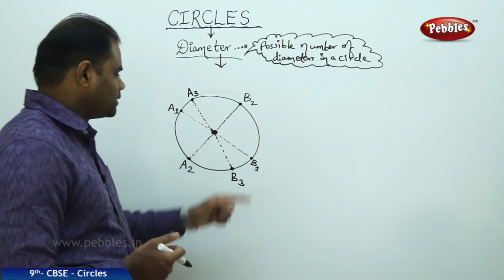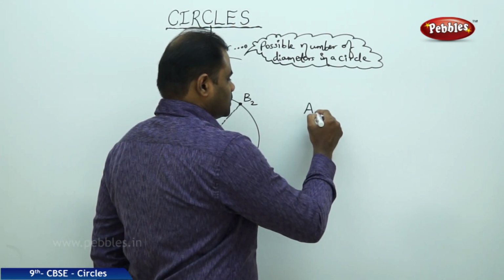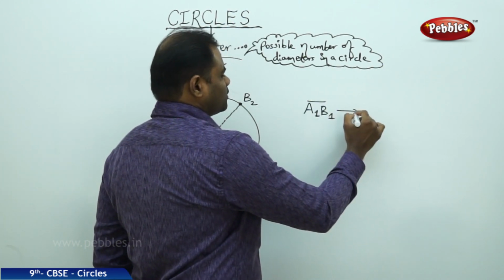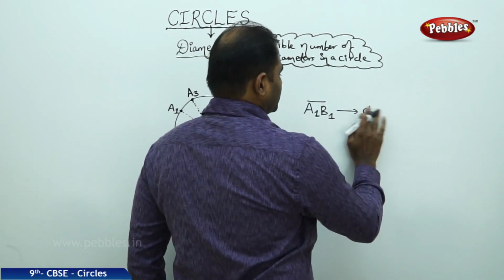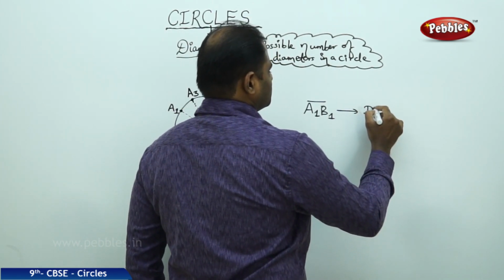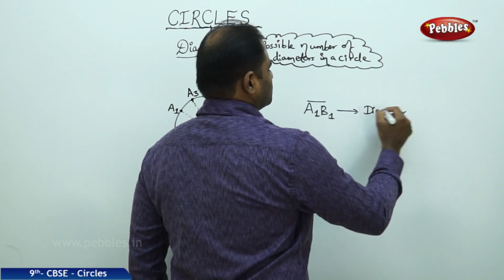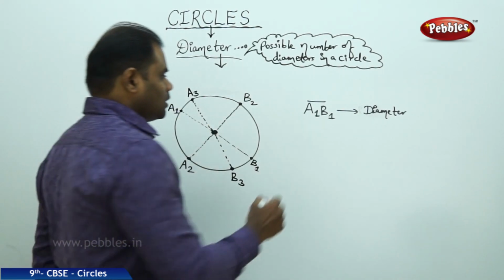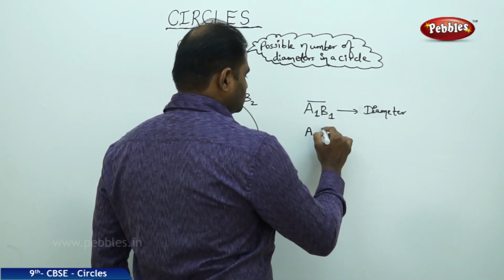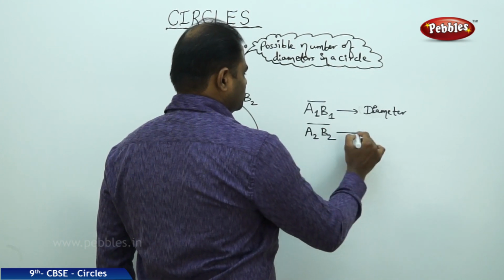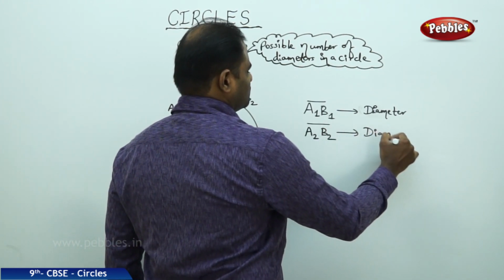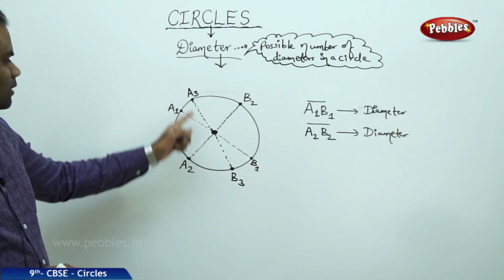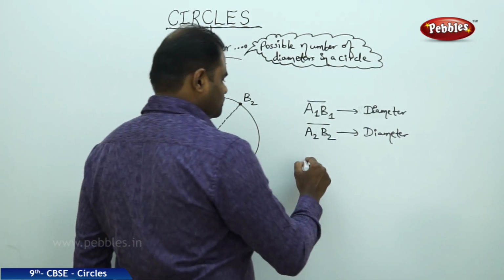Therefore, initially I take A1, B1, which is a chord, a special chord, and hence is the diameter. Similarly, I take another line A2, B2 out here, which is a diameter. And similarly, I have the third one, which is A3, B3.